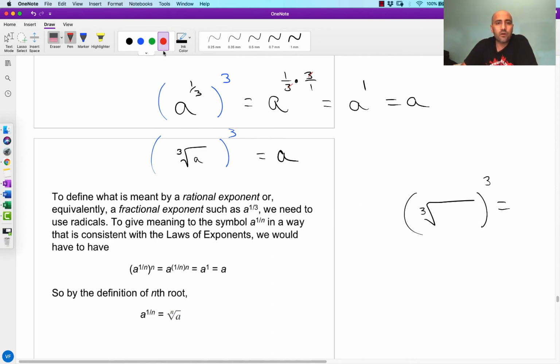There's nothing special about the 125. No matter what I start off with, whether it's 125, whether it's 100, take the cube root of 100, whatever that is. It's some decimal number such that when you raise it to the power of 3, we get 100. That's the definition of it, right? And so if we do raise it to the power of 3, we're going to get 100. Right?